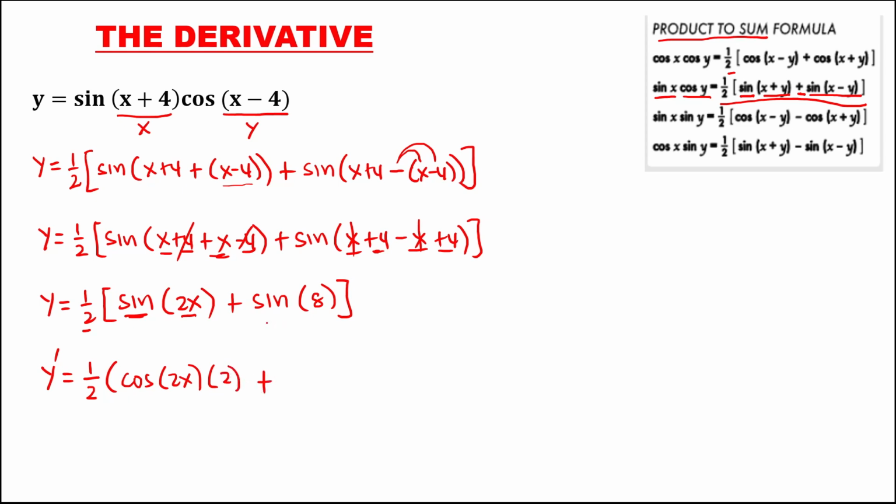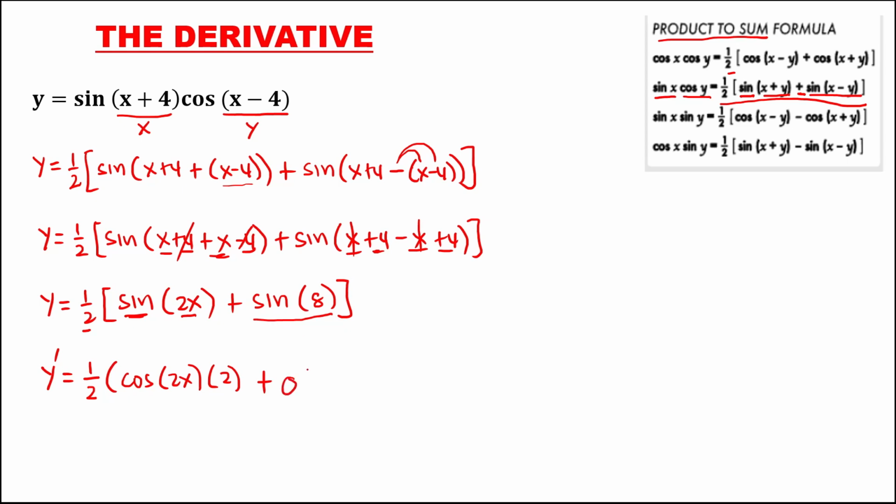Then plus, observe that for this term, since there is no variable, we have sine 8, and this one is considered a constant.